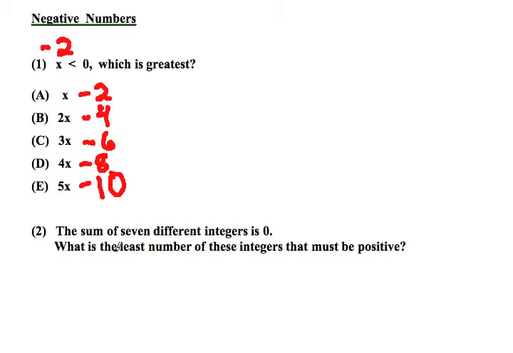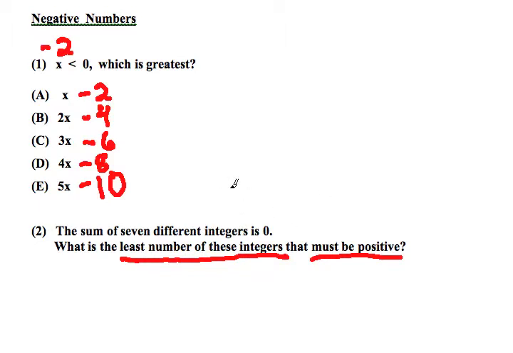Okay, next question. The sum of 7 different integers is 0. What is the least number of these integers that must be positive? Okay, so a lot of information in here that could become confusing.